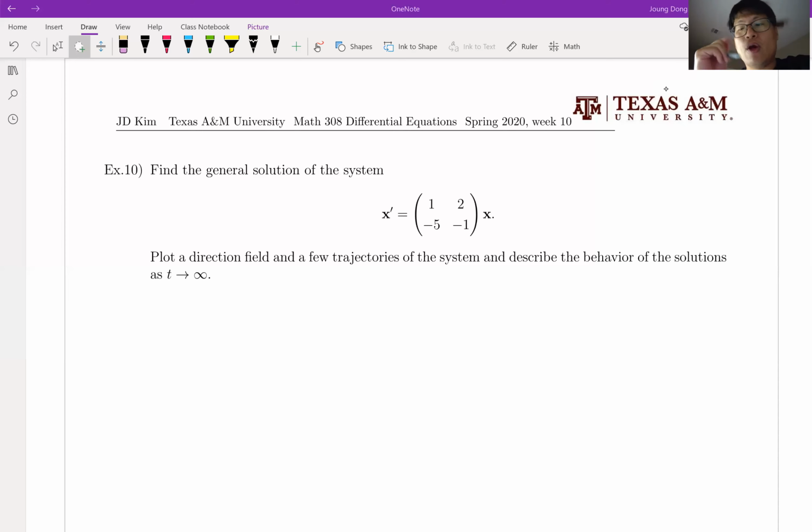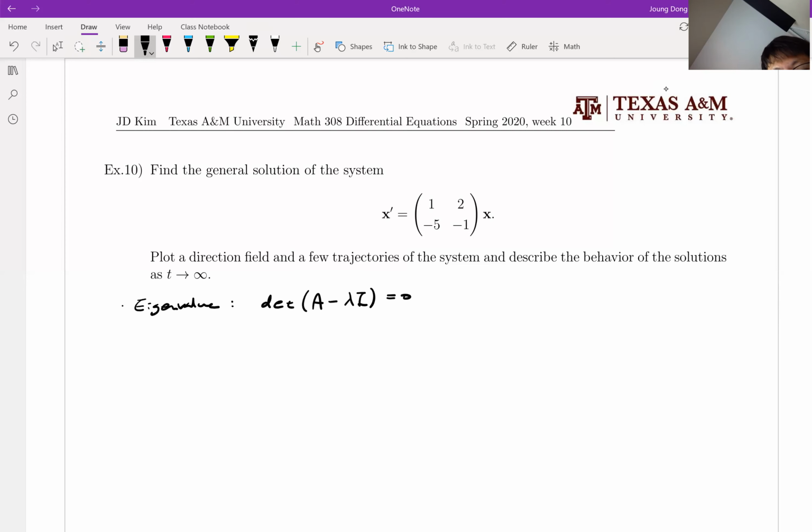So let me show you. We will start from the eigenvalue. To find the eigenvalue, we do the same thing: determinant of A minus lambda I equals 0. It is 1 minus lambda, 2, and negative 5, negative 1 minus lambda.